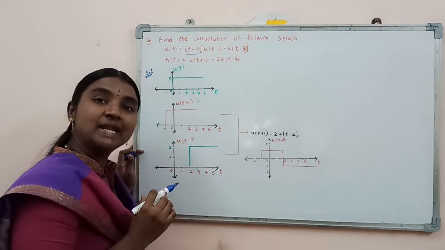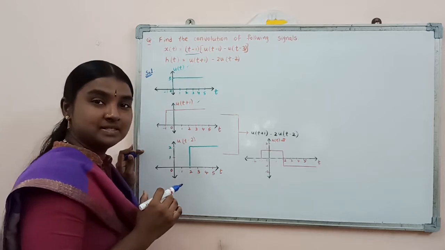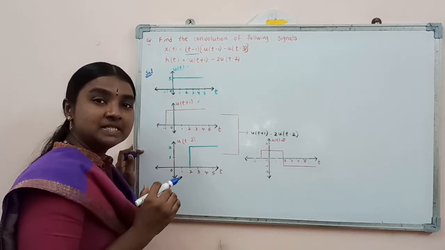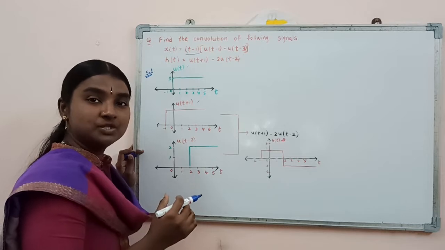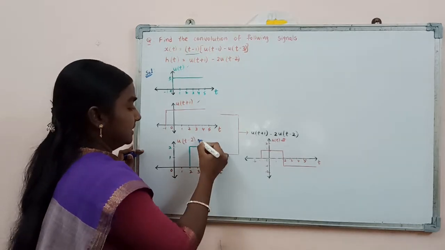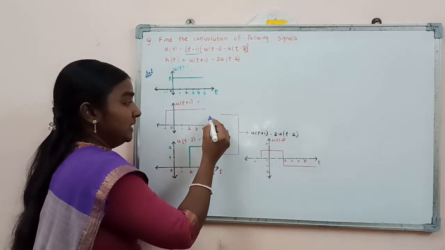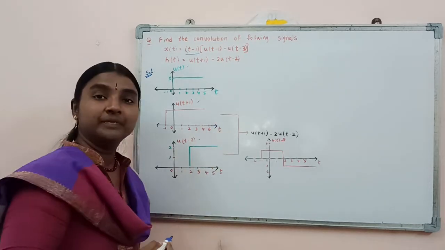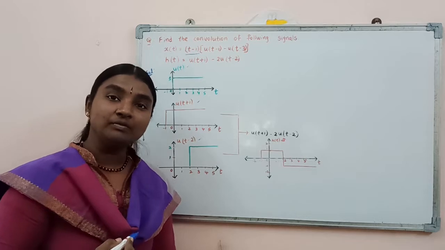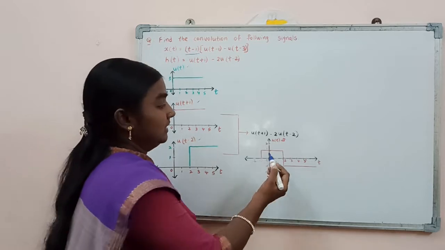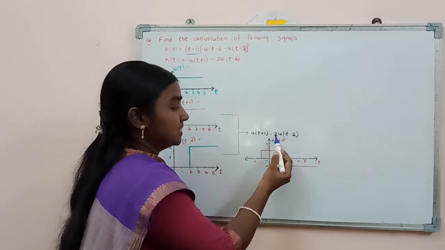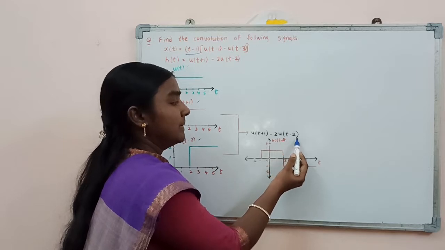Here we are doing the delay operation on the basic step signal so that we can sketch the u of t minus 2 signal like this. Now by doing the subtraction operation between this signal and this signal, we are going to find the h of t signal as u of t plus 1 minus 2 into u of t minus 2.